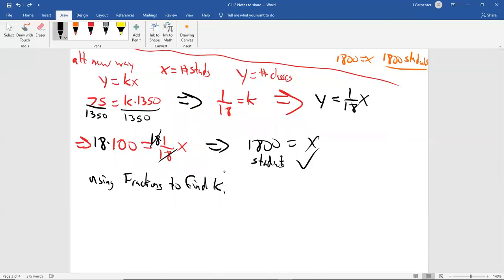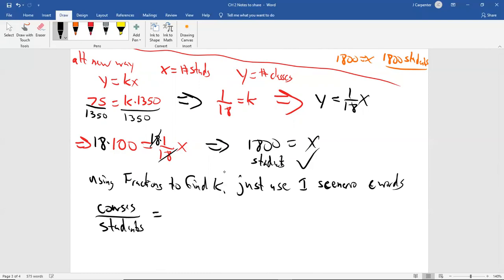So you just use one scenario, that's a C, and your words, your labels. So you put courses over students, or students over courses equals, run through the first scenario, which was 75 classes for 1,350 students.